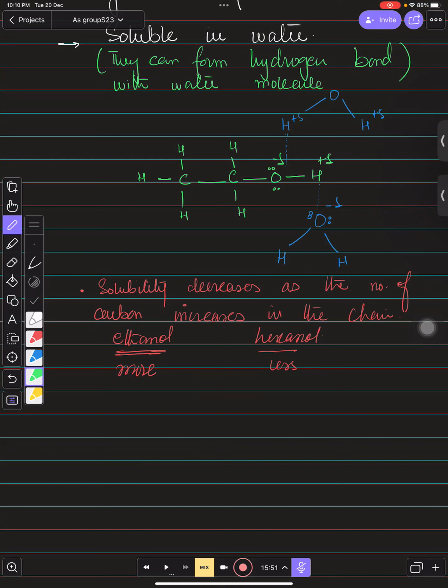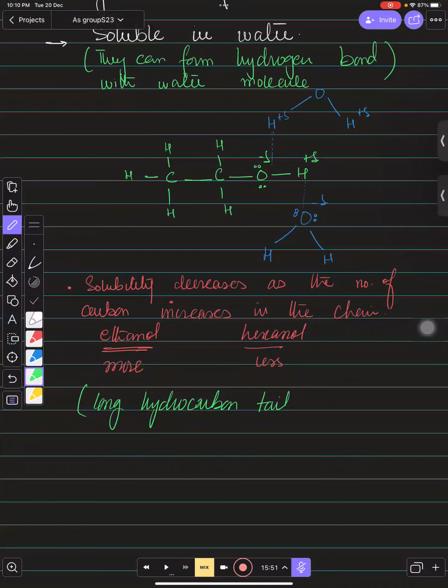And if you want to know the reason for this, it is all about the long hydrocarbon tail that disrupts the effectiveness of hydrogen bonding, right? This long hydrocarbon chain has carbon and hydrogen bonds, and within these carbon-hydrogen bonds you have induced dipoles. The induced dipoles overcome the hydrogen bonding, and that is why, because of the induced dipoles, its solubility in water is lost.